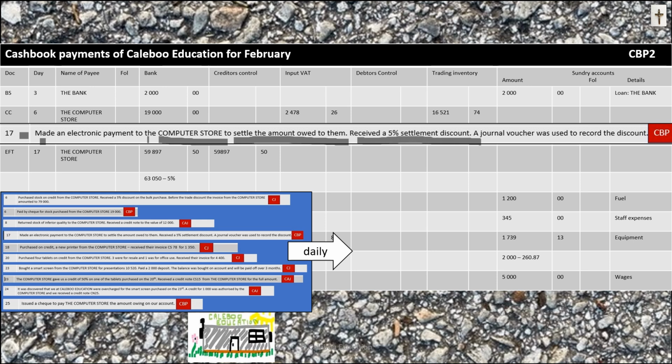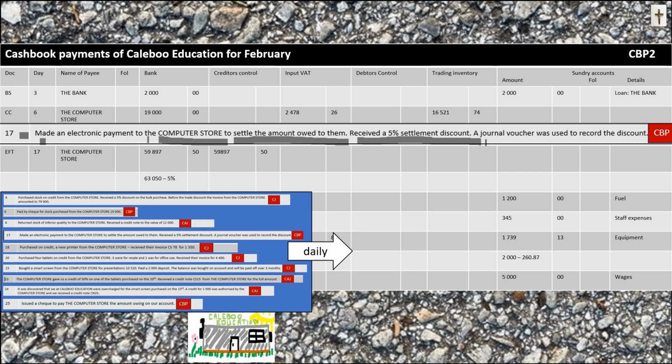Now I'll tell you straight away, the settlement discount is going to go through the general journal. I'm looking at the Cashbook payments here. So we want to establish what is getting paid to the computer store.